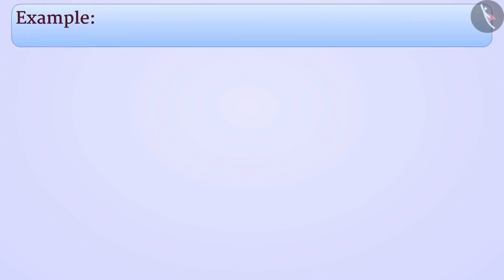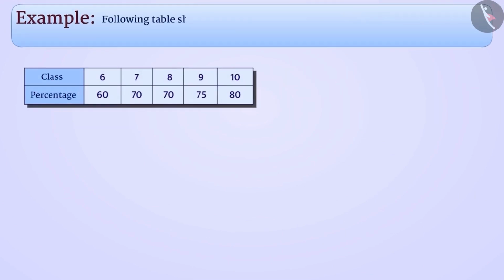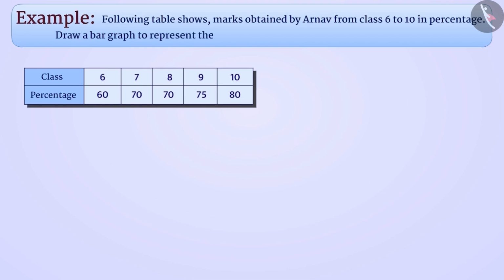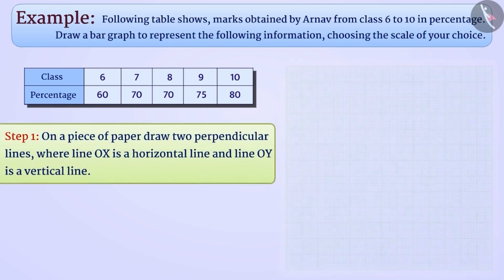Next example. Following table shows marks obtained by Arnav from class 6 to 10 in percentage. Draw a bar graph to represent the following information, choosing the scale of your choice. Step 1.